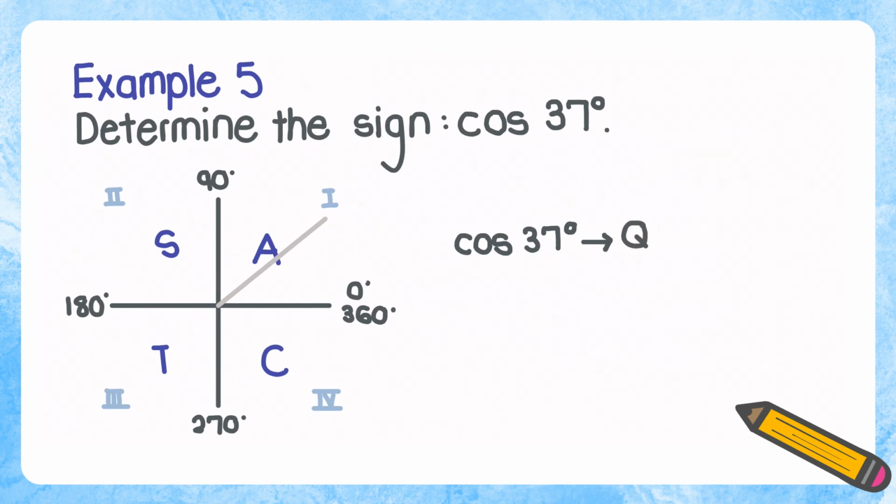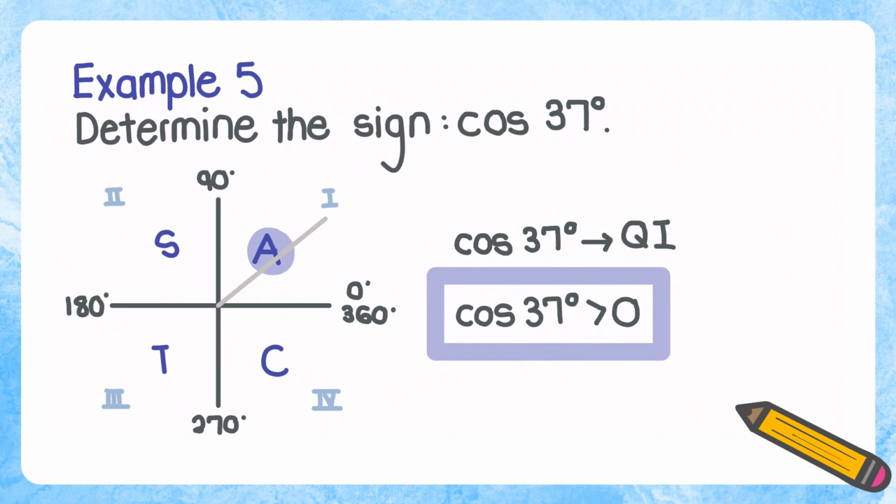So we are looking at quadrant 1. And in quadrant 1, notice the A, and A stands for all. So we know that all trig functions here will be positive. So cosine of 37 degrees will result in a positive answer.